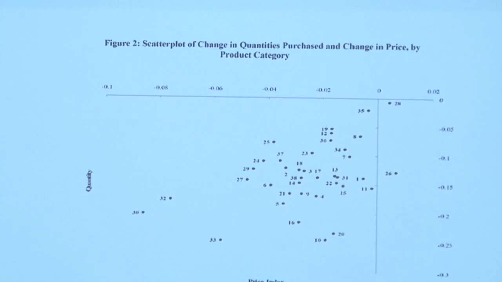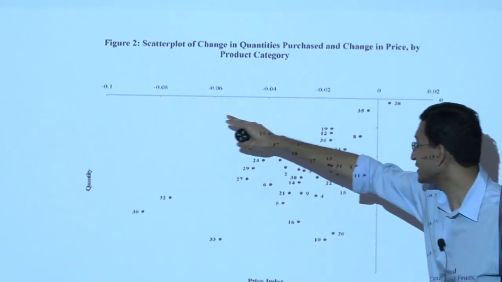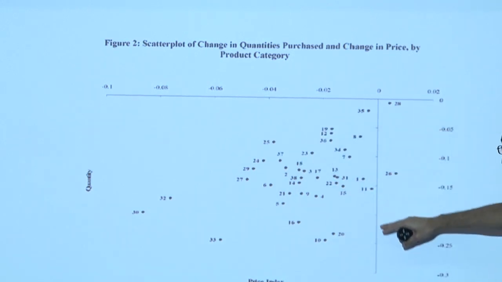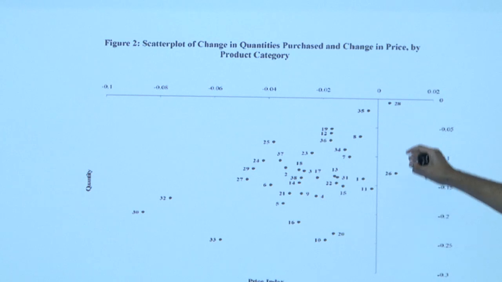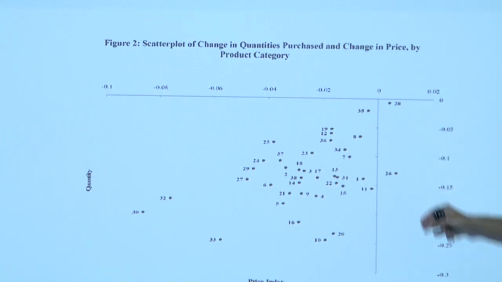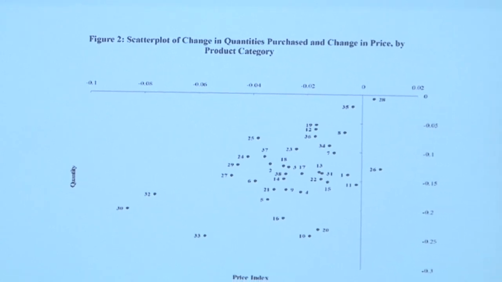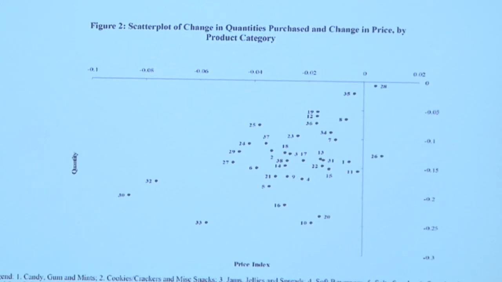And this is another nice check that they do. So they say, how do prices change for each of these products from the first week to later weeks? That's what the x-axis is. And then the y-axis is how does quantity change for each of these products from the first week to later weeks. And so take an example like number 30, prepared frozen foods. They do it by category. So they're basically repeating the previous two tables for each category and then scattering the quantity and the price estimates, right?